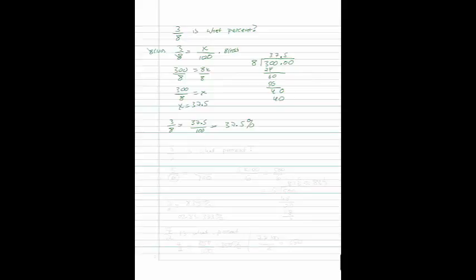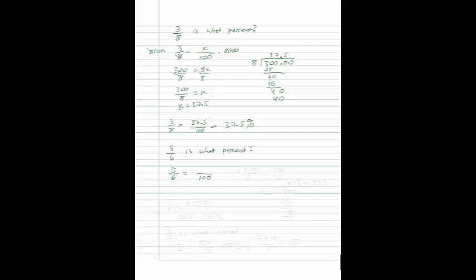Okay, continuing with this, if we want to rewrite 5/6, is what percent? So to answer that question, we're going to take 5 over 6 is something over 100. Now let me go ahead and give you a shortcut.